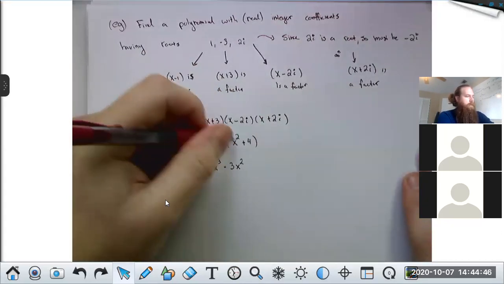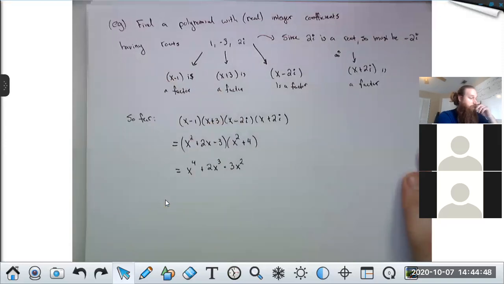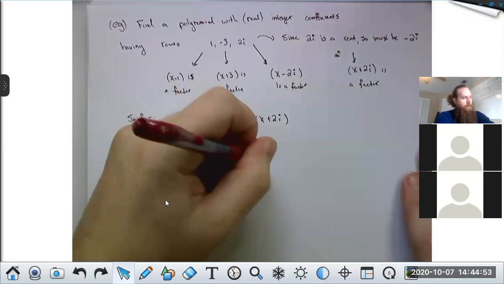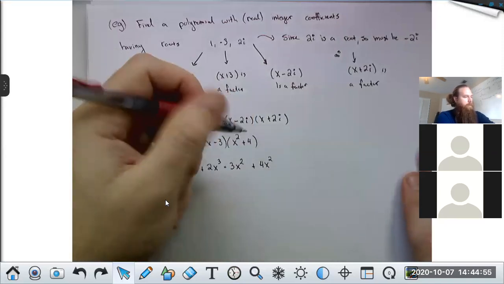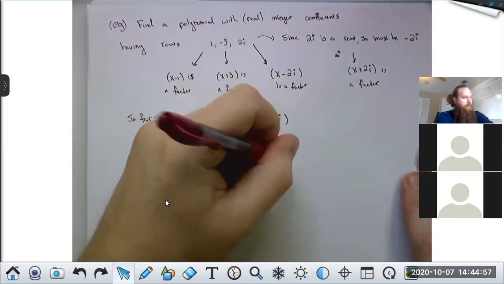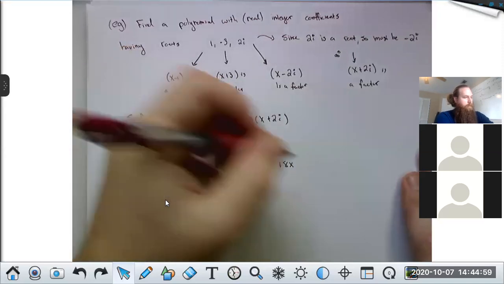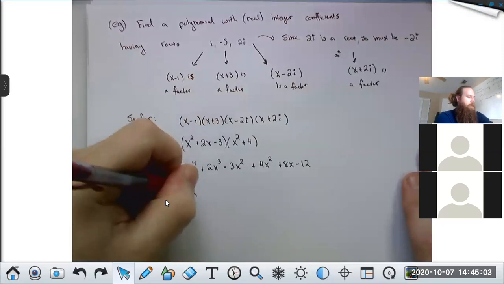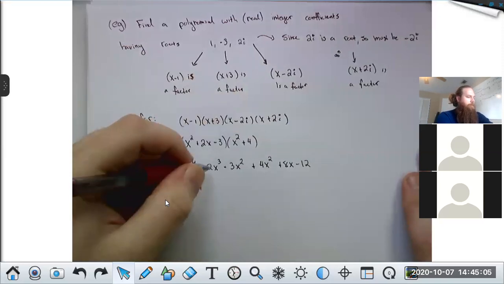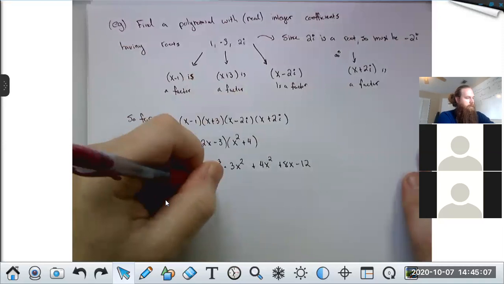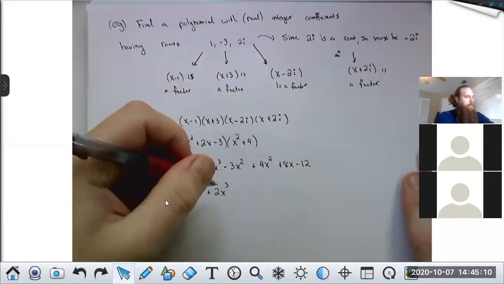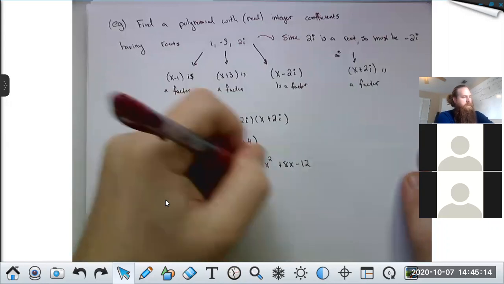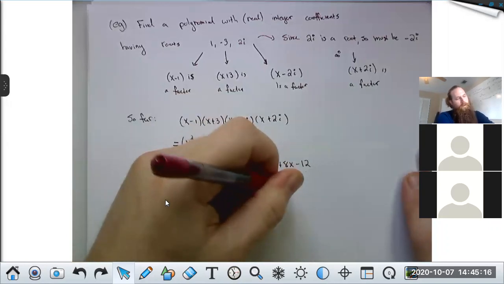That's distributing the x squared across this trinomial, plus 4x squared plus 8x minus 12. And so altogether we get x to the 4 plus 2x cubed plus x squared plus 8x minus 12.